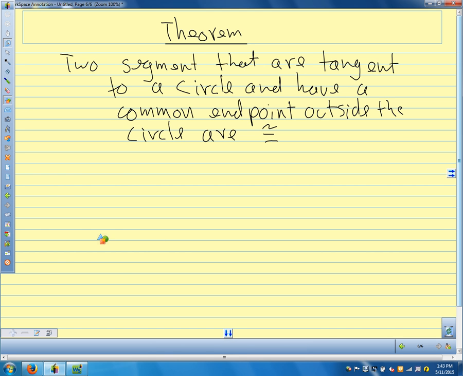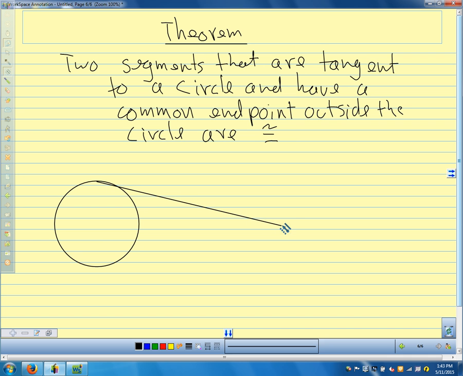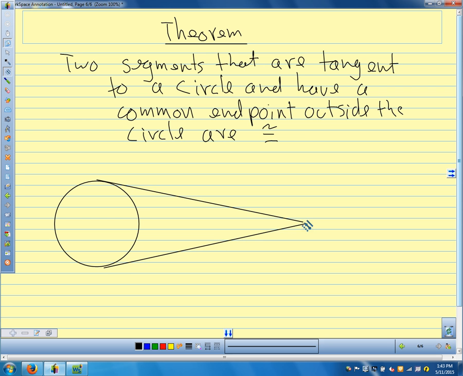So what we're saying here, there's our circle. Here are our two tangents, two tangent segments. This looks like the picture we drew earlier when we were working on a different problem. Let me draw a better tangent segment. There's one, and there's one.